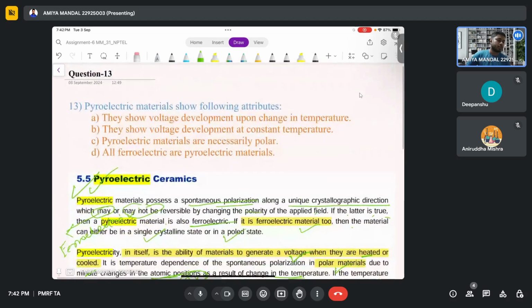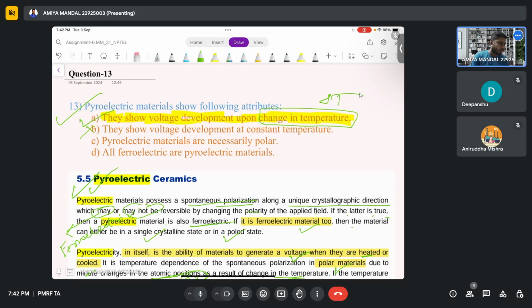Now, pyroelectric ceramic materials show the following attributes: they show voltage development upon changing temperature. Change in temperature is always there, it is delta T, and voltage development should be there. So this is a correct answer. They show voltage development at constant temperature, that's not correct.